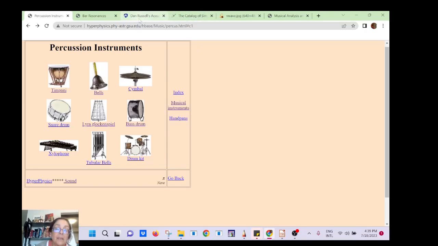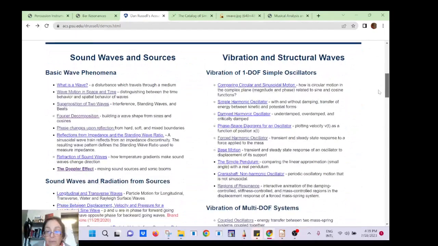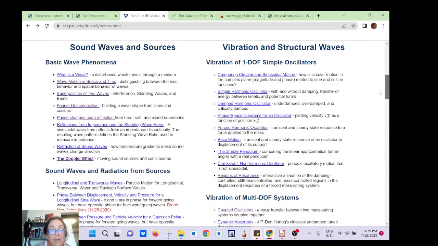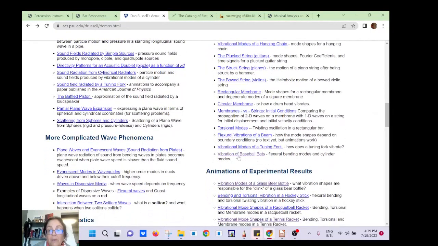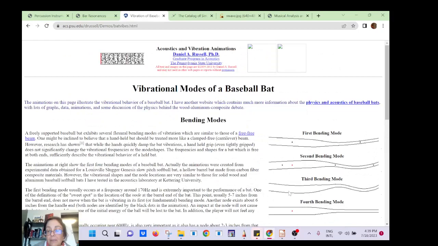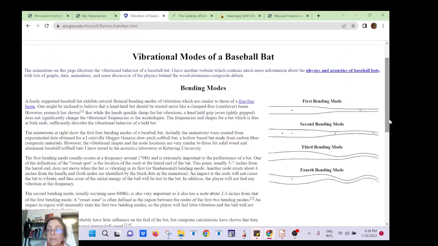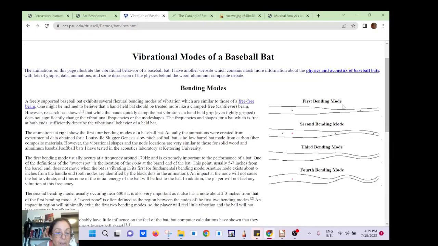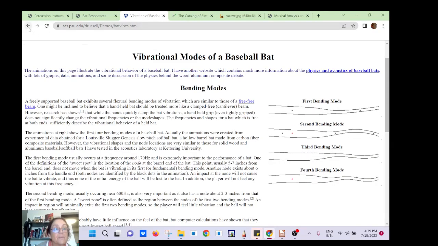Another website, if you're interested in the physics of music and the physics of sound, is a very nice one. And he developed a lot of simulations using MATLAB. For example, a very cool simulation, the vibration of a baseball bat, right? So you can use MATLAB, and you can find all the modes. So that will be a baseball bat, and you can find the natural frequencies.